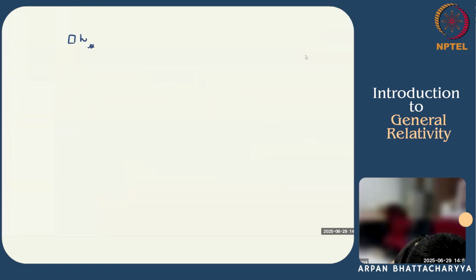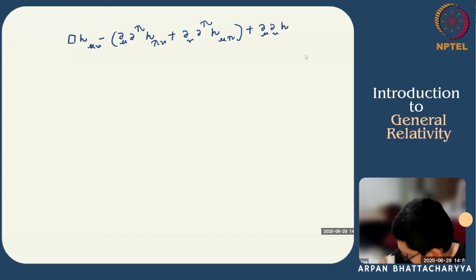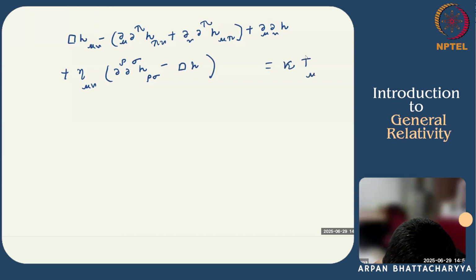box of h mu nu minus del mu del lambda h lambda nu plus del nu del lambda h mu lambda, plus del mu del nu h, plus eta mu nu del rho del sigma h rho sigma minus box of h, equal to kappa t mu nu.